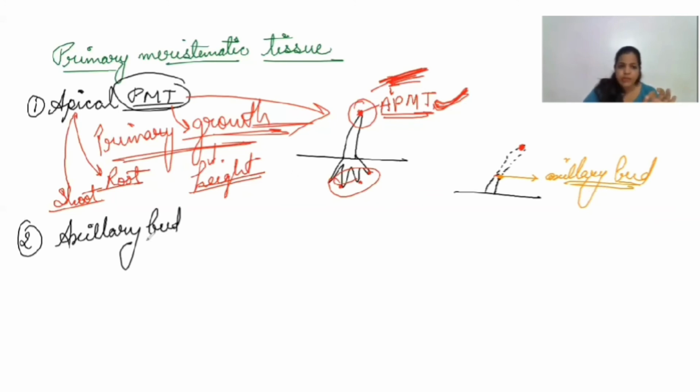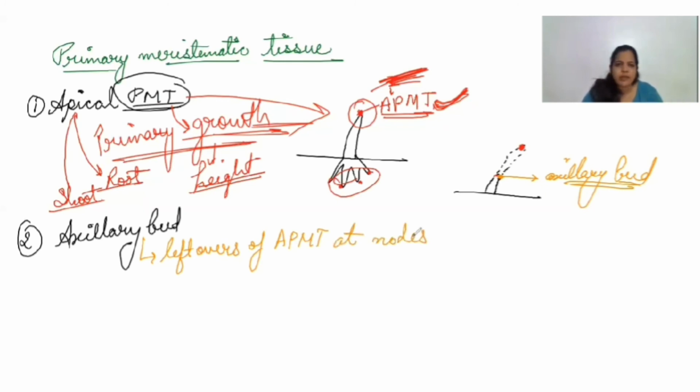So let's write about the axillary bud. What are they? They are leftovers of APMT. Right, now we can remember this abbreviation. Okay, leftovers of APMT at nodes.